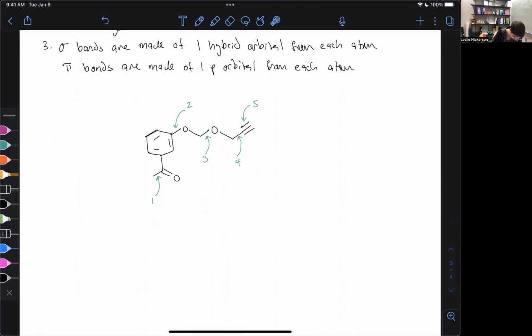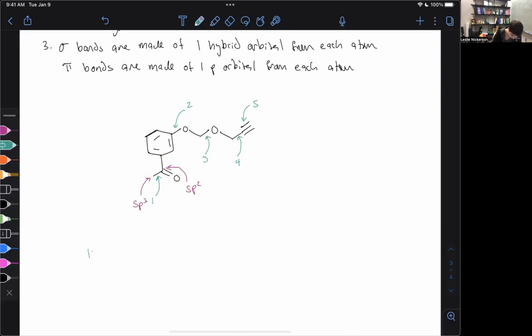All right, so if we're looking at one, we've got this carbon, which we had already decided was sp3, okay, because I've got the 3 hydrogens on it. And then this carbon has 1, 2, 3 things on it, so that's going to be sp2.